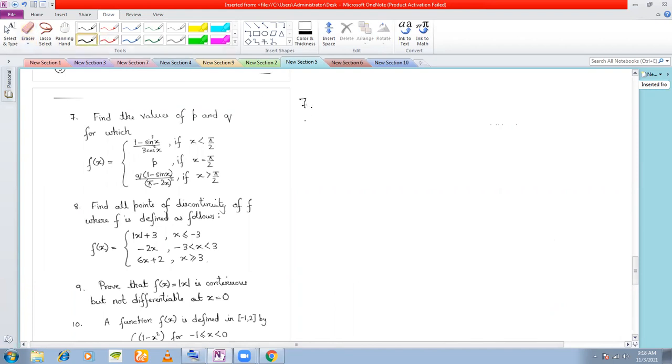Question is, find the values of p and q for which, again here something is missing, fx is continuous at x is equal to pi by 2. So it is given to you that this function is continuous at x is equal to pi by 2. Okay, let's write the given function here first.